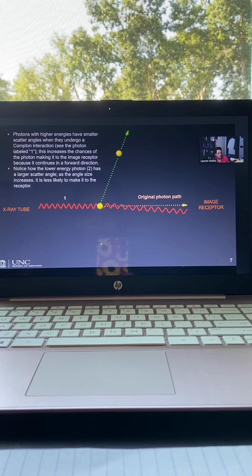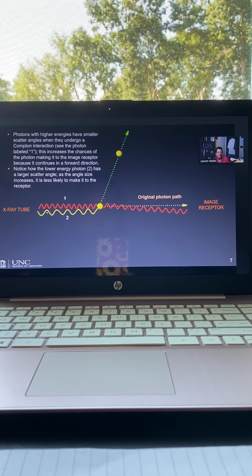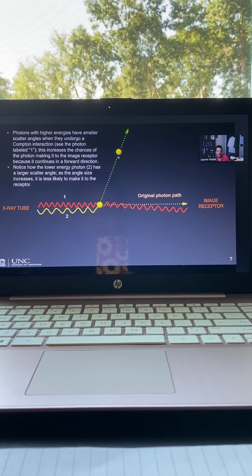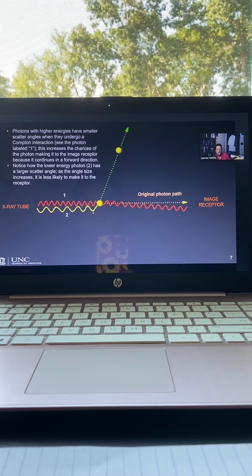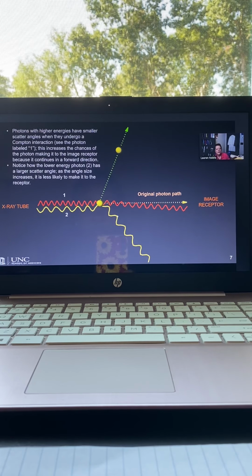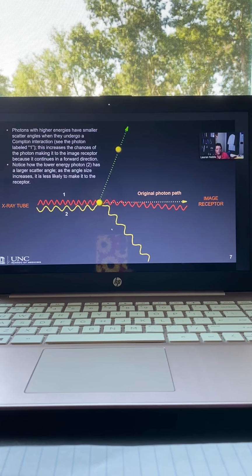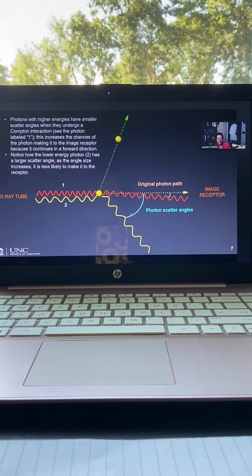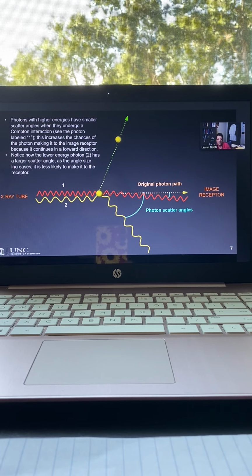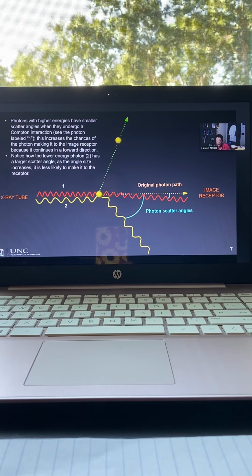Now, if we have an X-ray photon that has lower energy that exits the tube, and it knocks an electron out of orbit, because it's lower energy to begin with, we end up with a larger photon scatter angle. See, this is a bigger scatter angle than the scatter angle here.